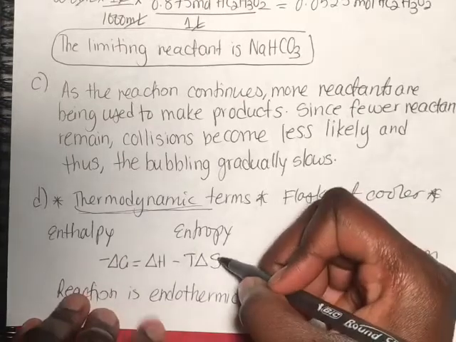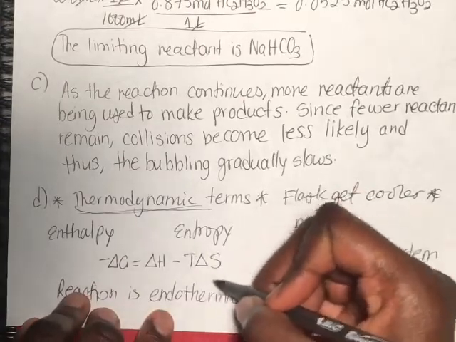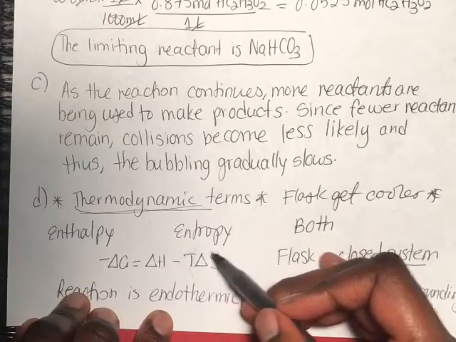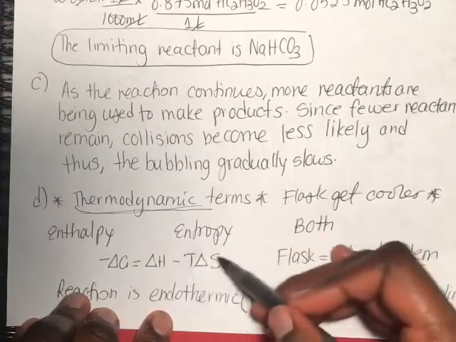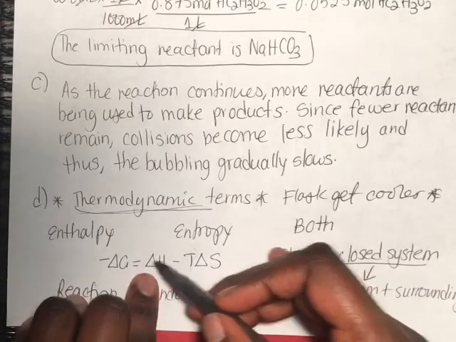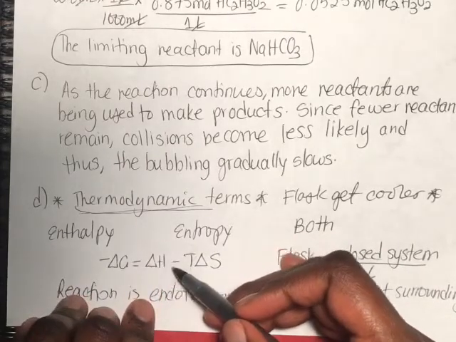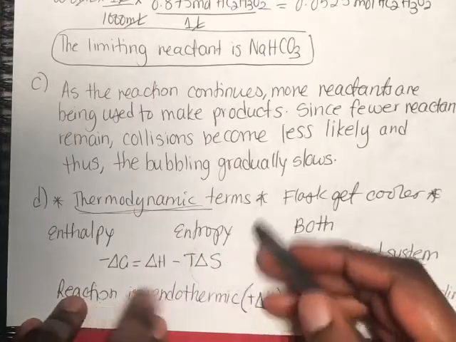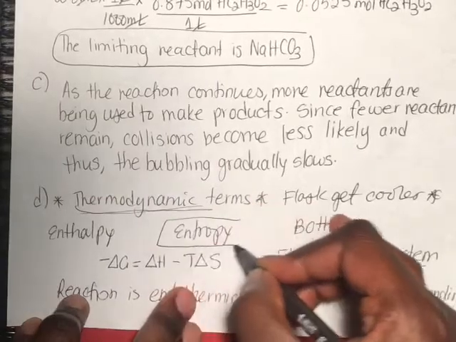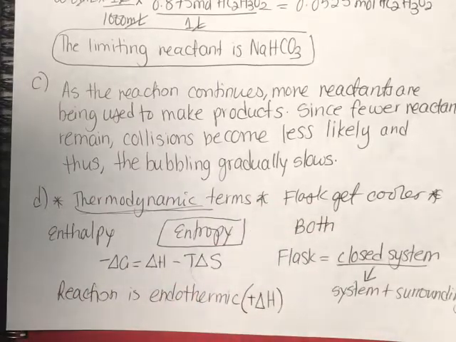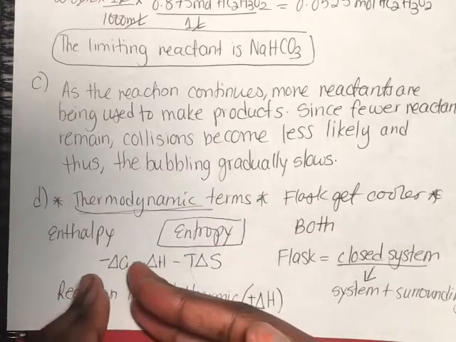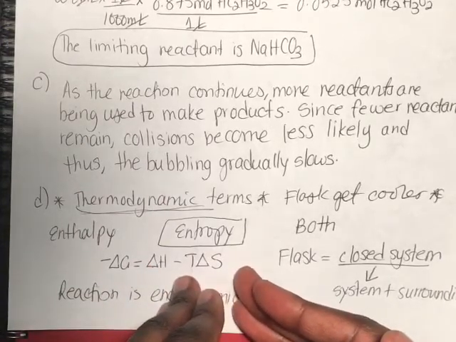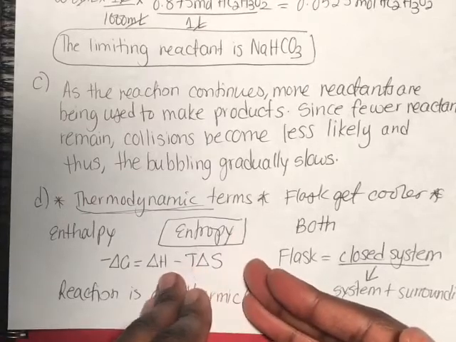But if delta S is positive, and then it multiplies to temperature, it will be a large negative number. And if we add it to this positive number, the whole answer would still be negative. And that is why entropy is what drives this reaction, because for delta G to be negative, delta S has to be positive. So it depends on the sign of S.